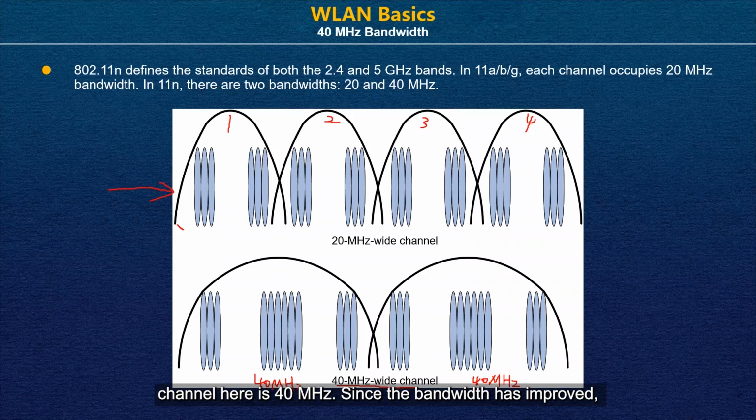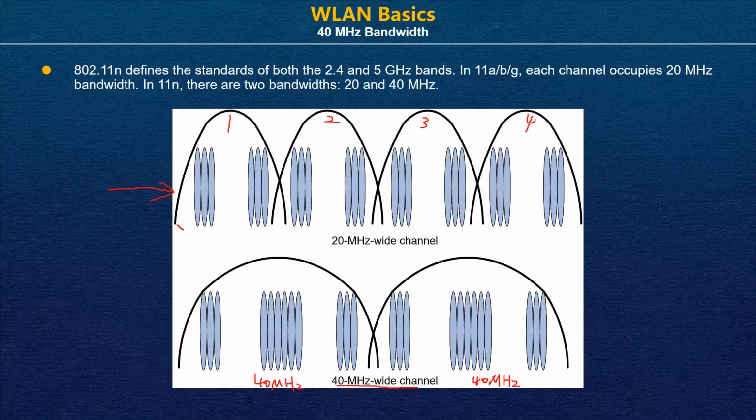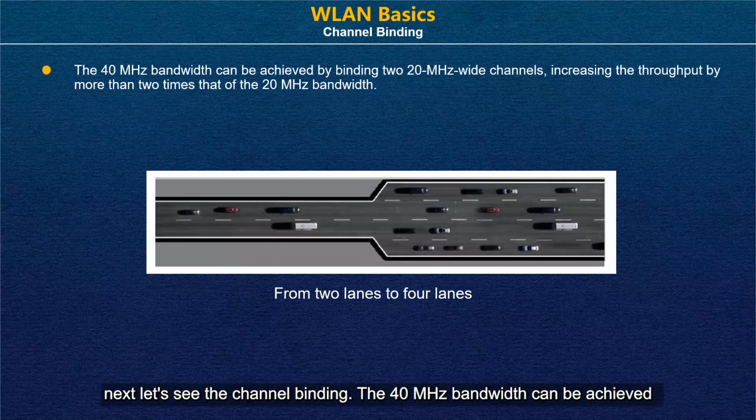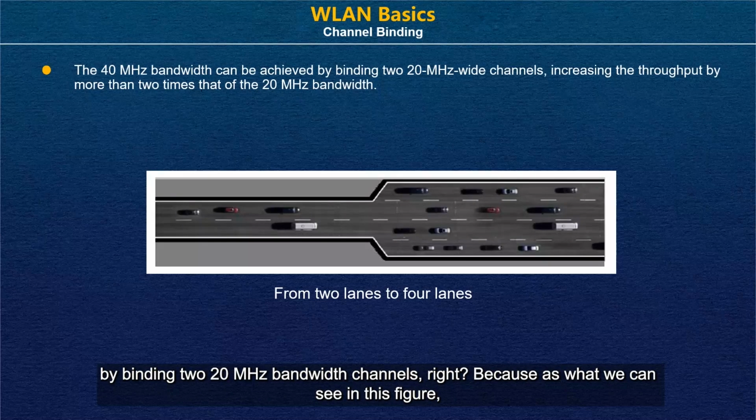Since the bandwidth has improved, the rate will be improved at the same time, right? And next, let's see the channel binding. The 40 MHz bandwidth can be achieved by binding two 20 MHz bandwidth channels, right?